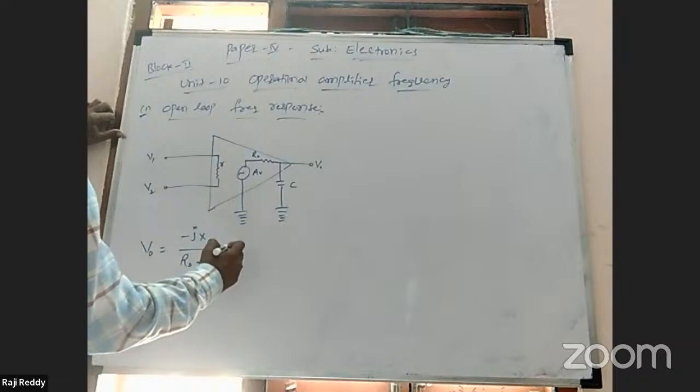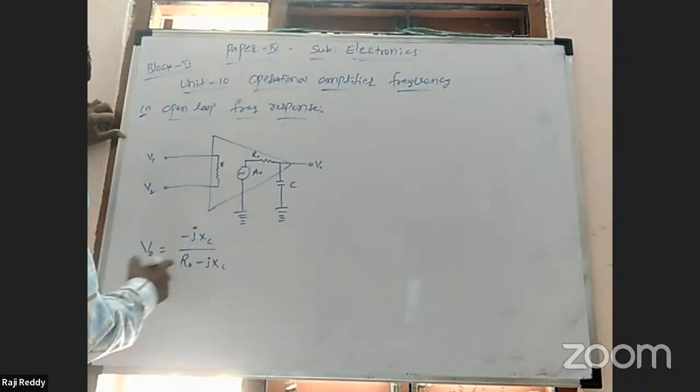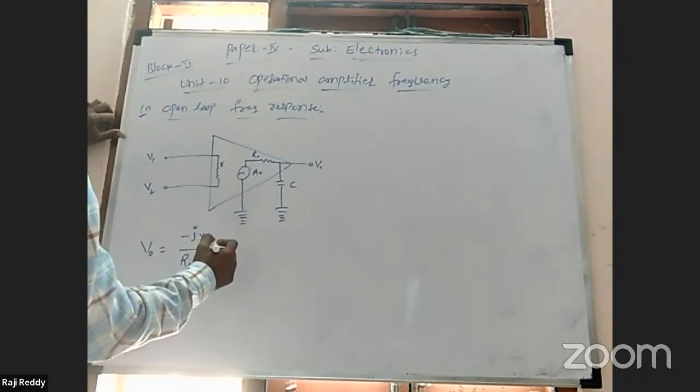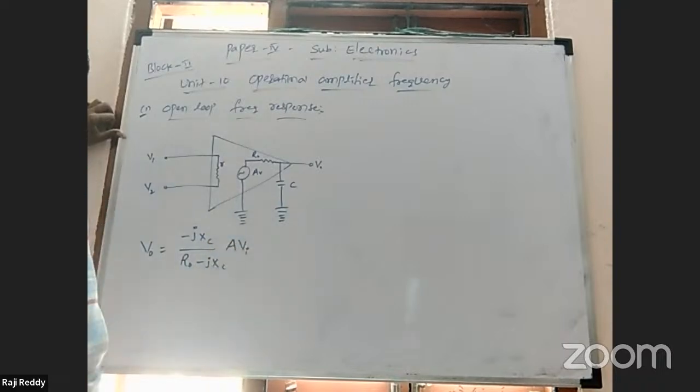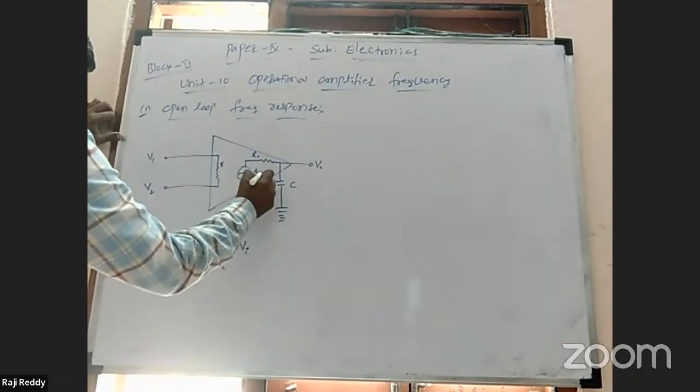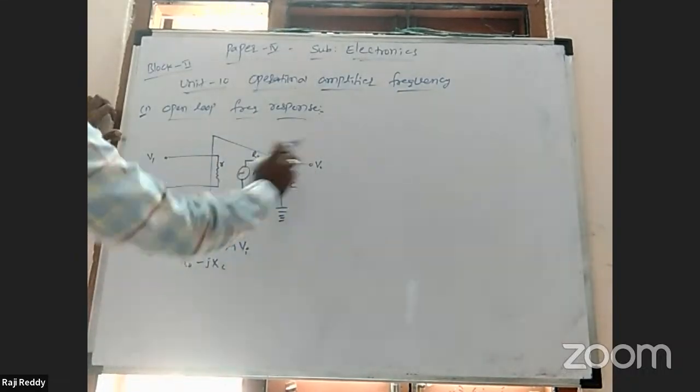That voltage times the input voltage; the voltage across the output is A into Vi, nothing but V in. This is in, this is out.